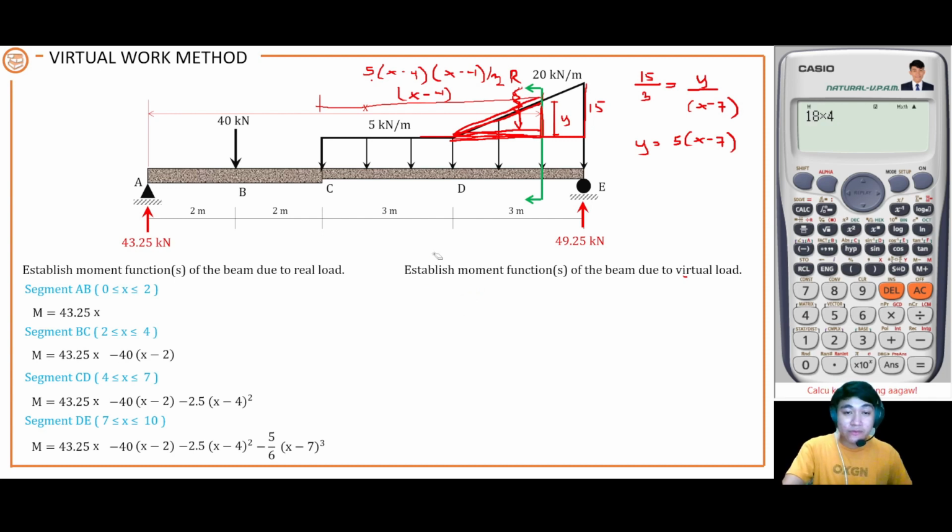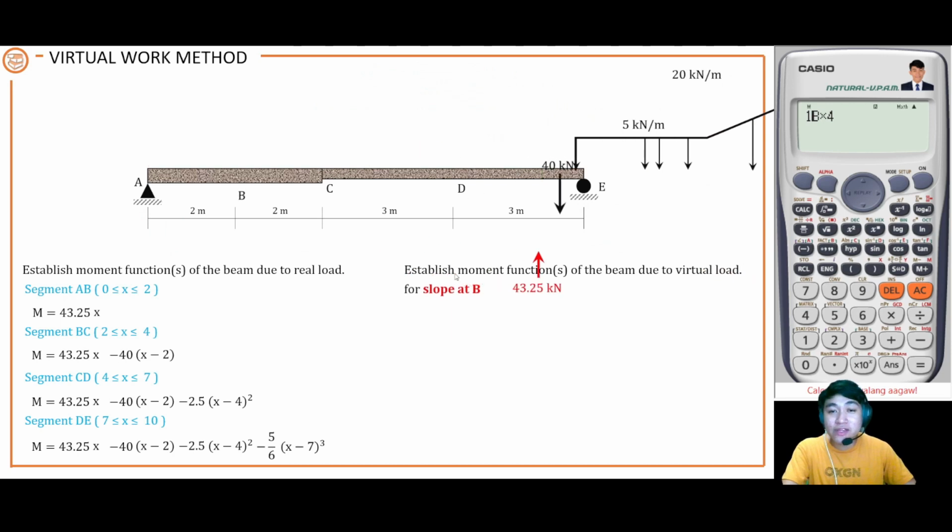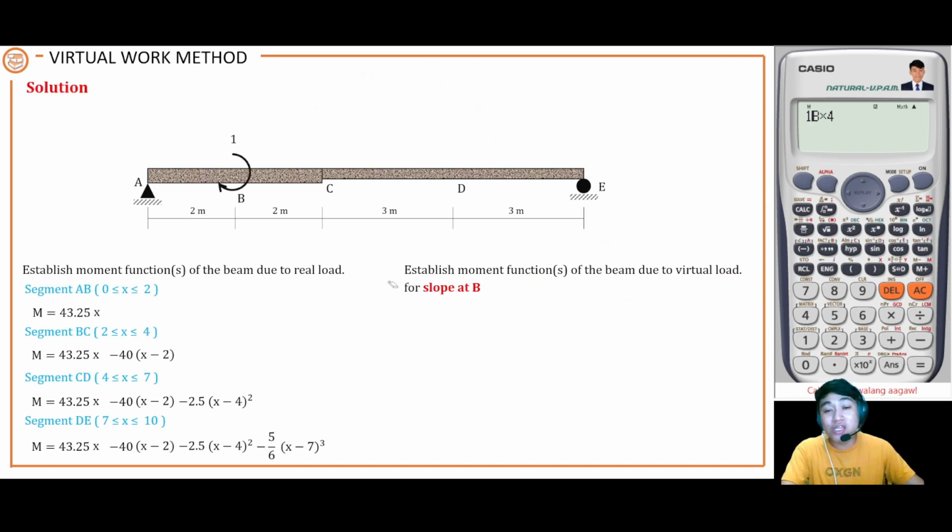For this problem, we are going to solve first the slope at B. Now we are going to remove the loads because we are applying 1 unit virtual load. So you have 2 virtual loads: first is a concentrated load and the other one is a concentrated moment. 1 unit meaning unitless.